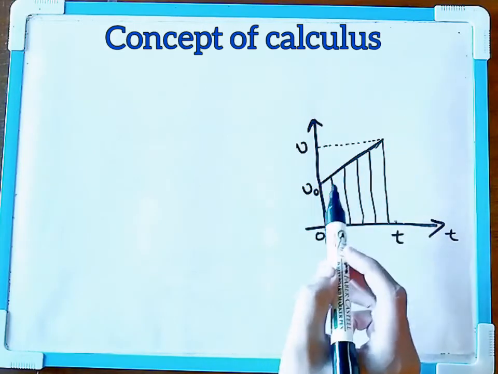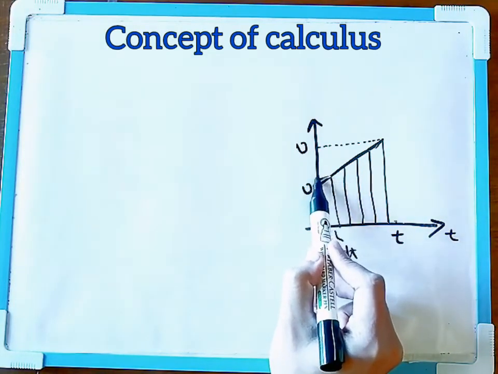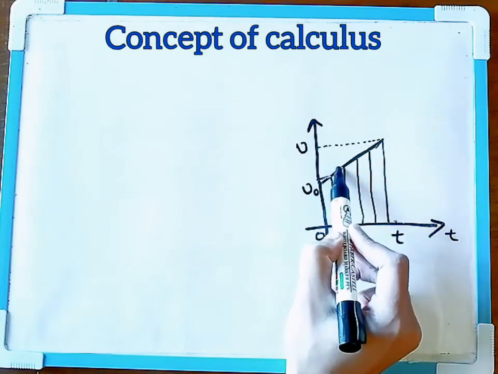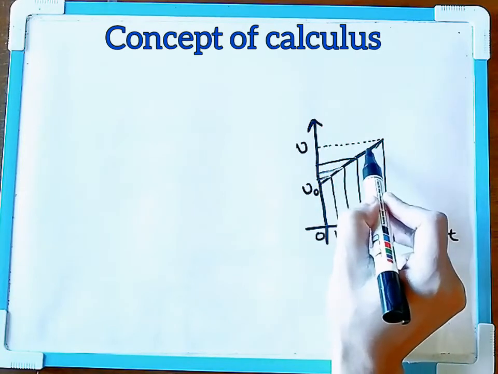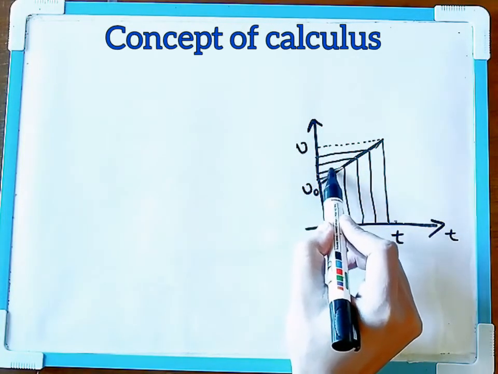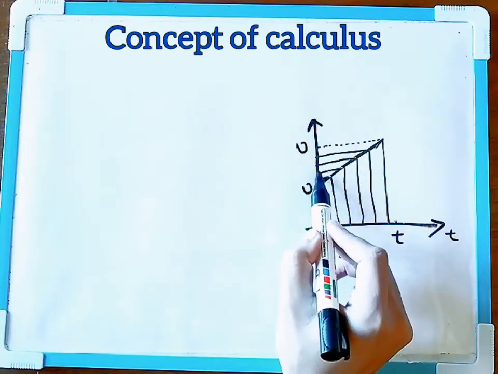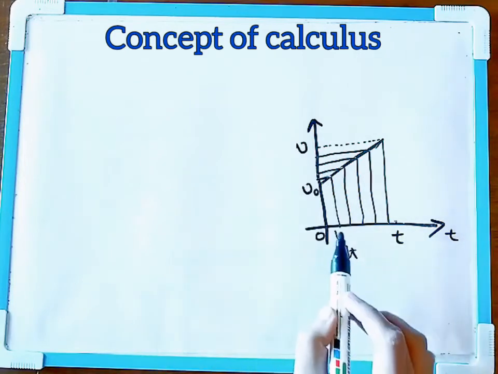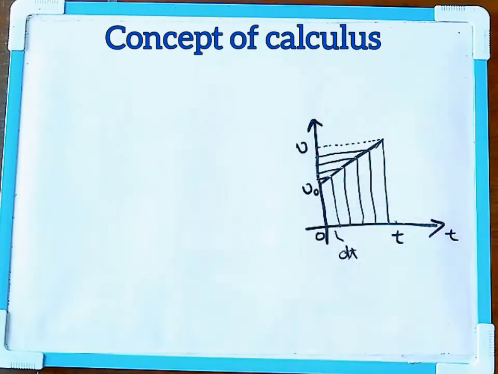Since this is not a constant velocity, the velocity also changes. So we have a small dv there, here also dv, here also dv, and here also dv. So these are your dv's. So we have the first one v, then dv, dv, dv, dv, dv. These are the different time intervals, and these are the different changes in velocity.